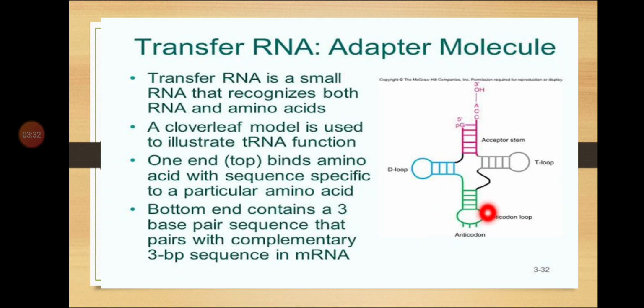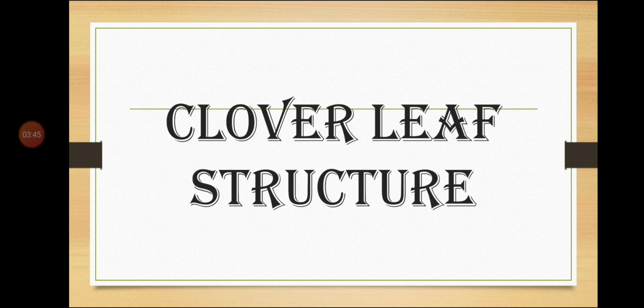This is known as the anticodon. We will study the structure of this in detail now. So this is the clover leaf structure of tRNA. Now we will study about the clover leaf structure.